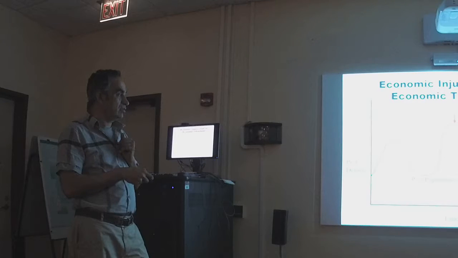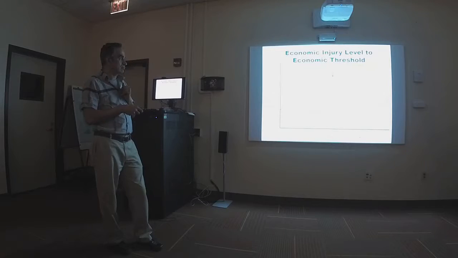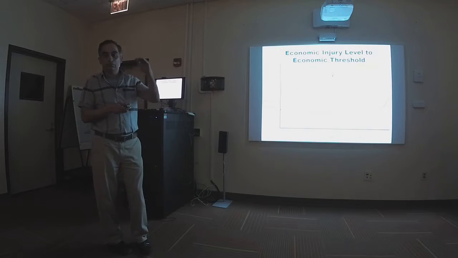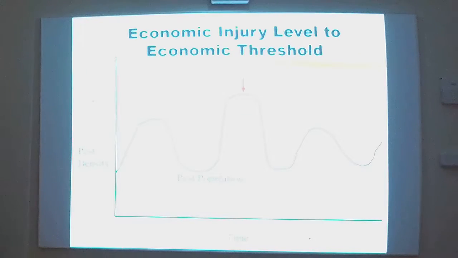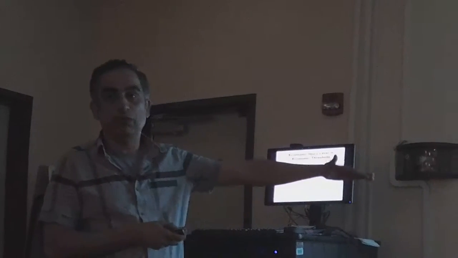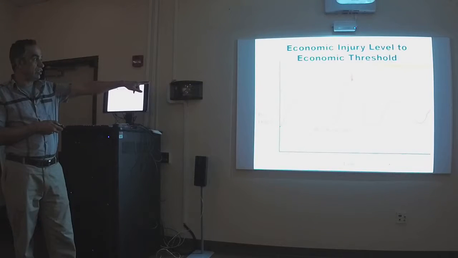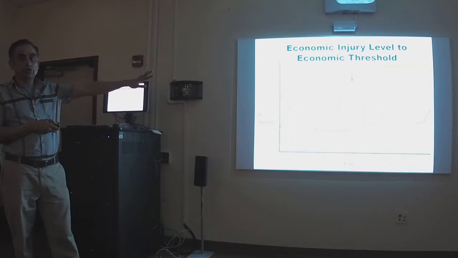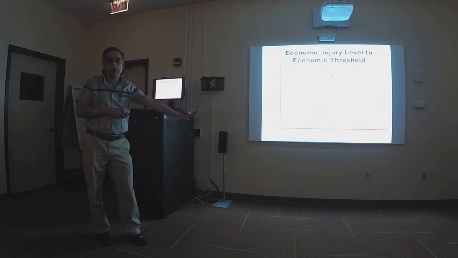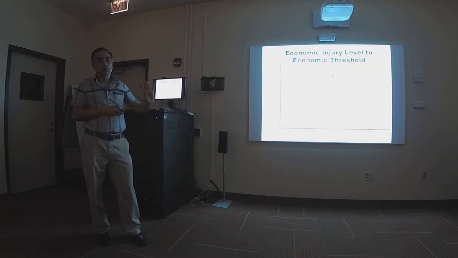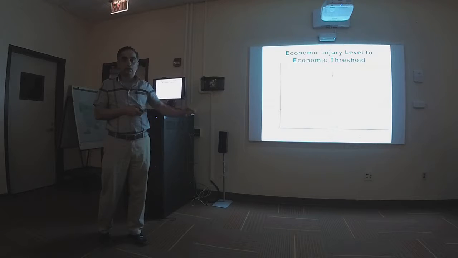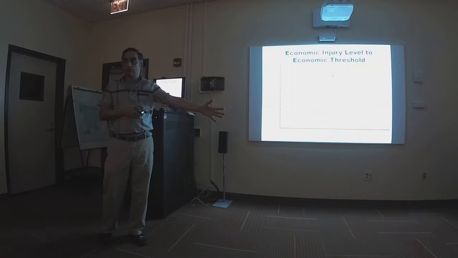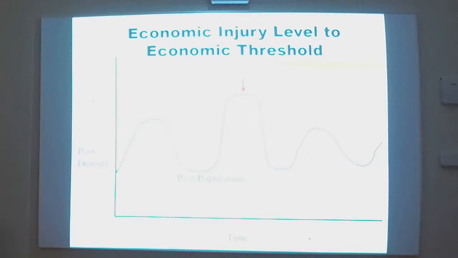They come here, and your economic threshold is right here, because this is your economic injury level where you get to that $10 of chemicals or $10 of damage. You want to keep it below that. So when you come to the economic threshold right here, now you know that there's a certain number of insects on that plant and they're going to cause me $30 of damage. I want to go ahead and spray $10 of chemicals on it. So you start spraying there.